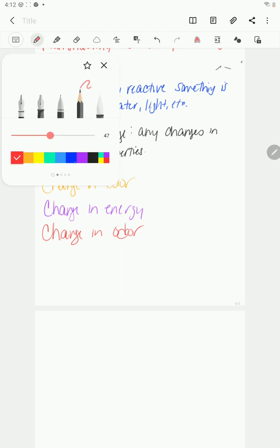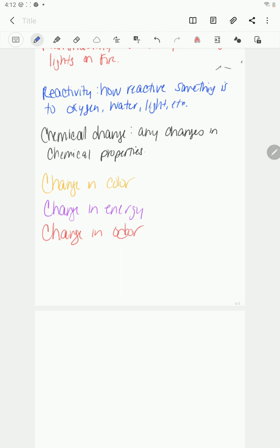And then the last one is formation of a gas or solid. So when you add things together and a change happens, it can change the properties, right? So if you take baking soda and vinegar and you put them together, you get the bubbles. Well, the bubbles are because gas formed, right? So that has undergone a chemical change.